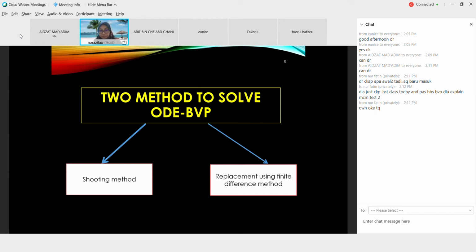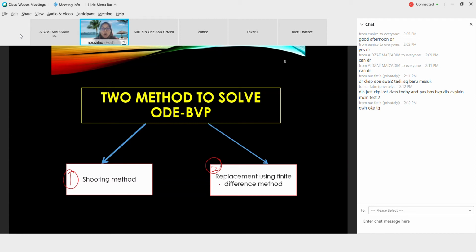So there are two methods that we can use to solve ODE BVP. The first method is the shooting method. The second method we call replacement using the finite difference method. Where can we know this finite difference method?